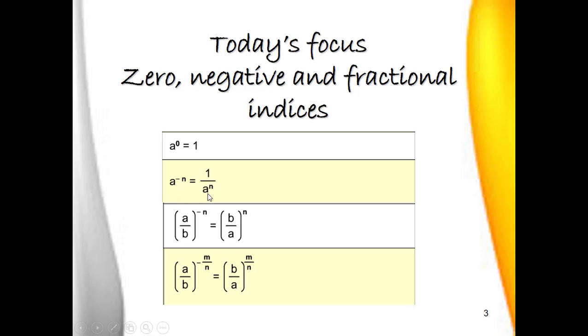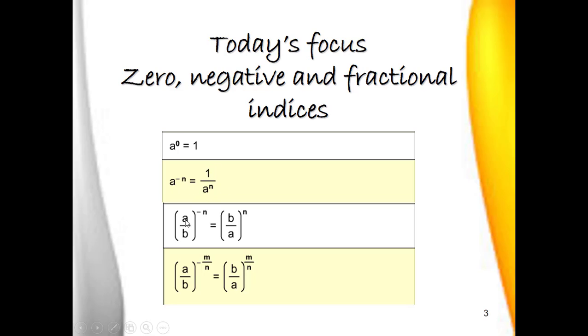So these are the values you have to be careful with when you define the zero index and also the negative index. Now, the next two are actually the same as the second one. Why do I say that? When this is power negative n, you put it as 1 over a.